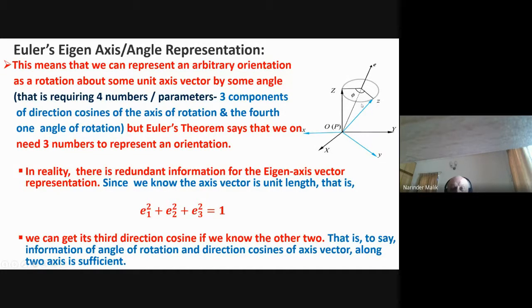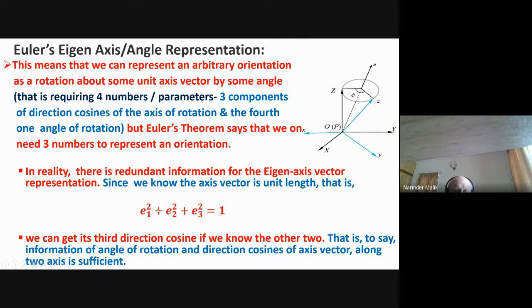So normally we said we need three angles to describe a motion. Here we need the direction cosines of the eigenaxis and the amount of rotation. That comes to four parameters, so one is extra. But here you see E1 square plus E2 square plus E3 square is equal to unity.